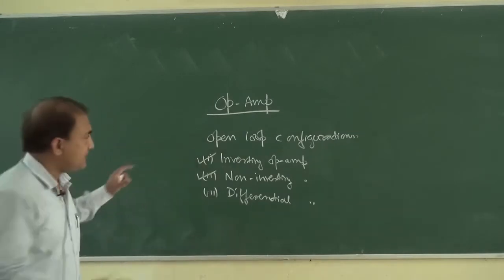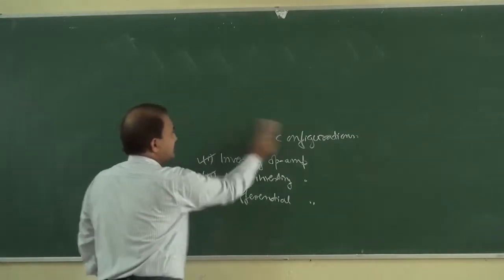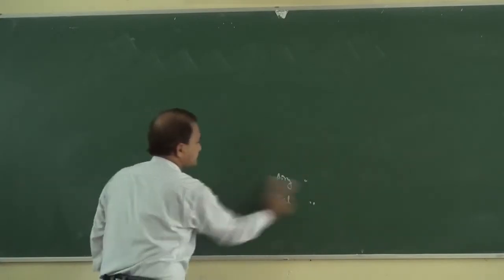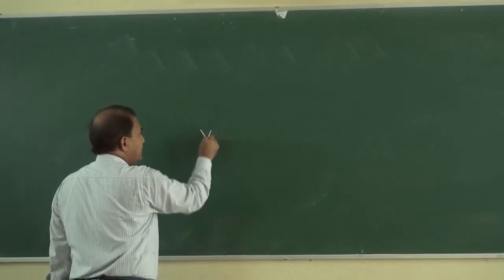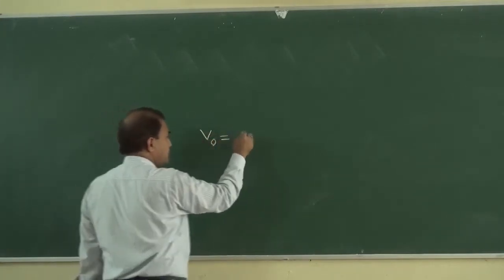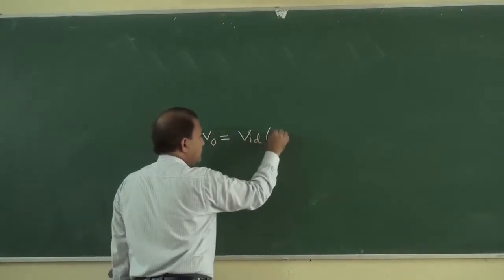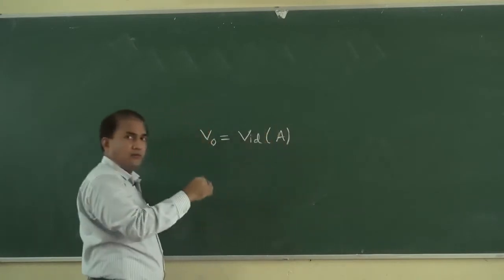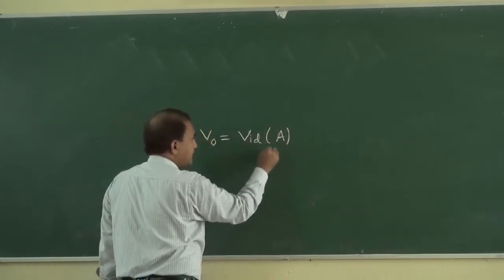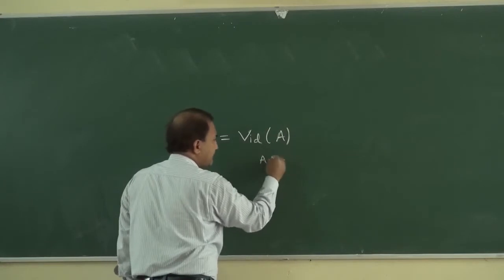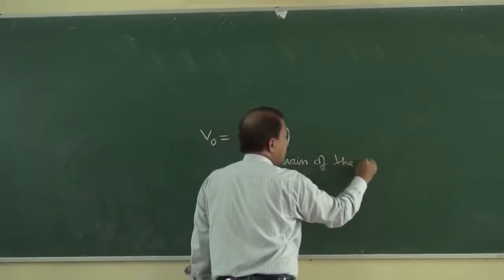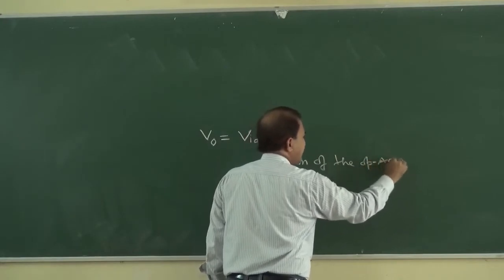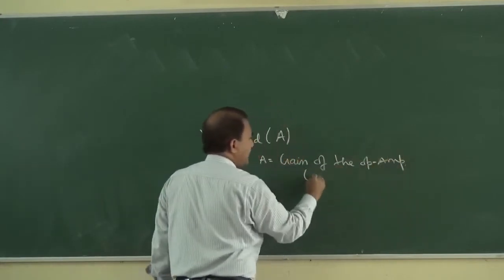So the main disadvantage in case of open loop configuration is that in case of open loop, V output is equal to VID into A, where A is the gain of the operational amplifier in open loop.